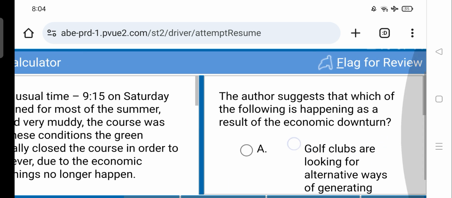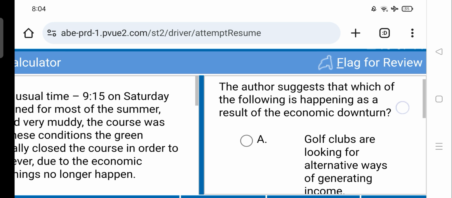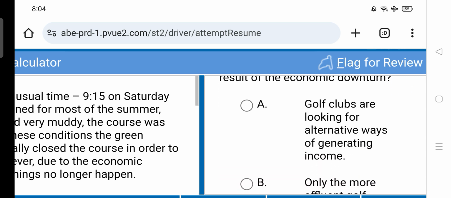The author suggests that which of the following is happening as a result of the economic downturn. Option A. Golf clubs are looking for alternative ways of generating income.